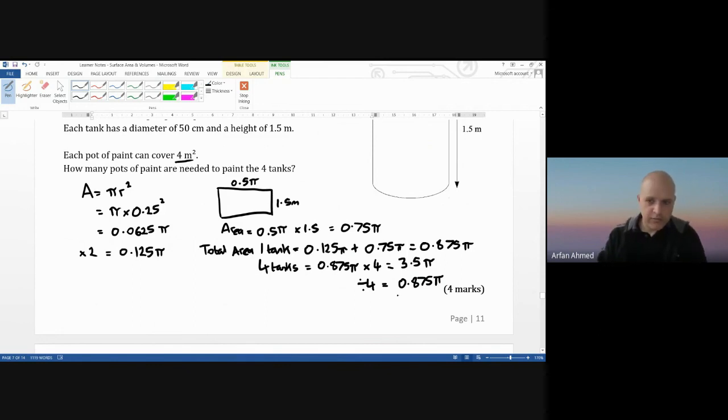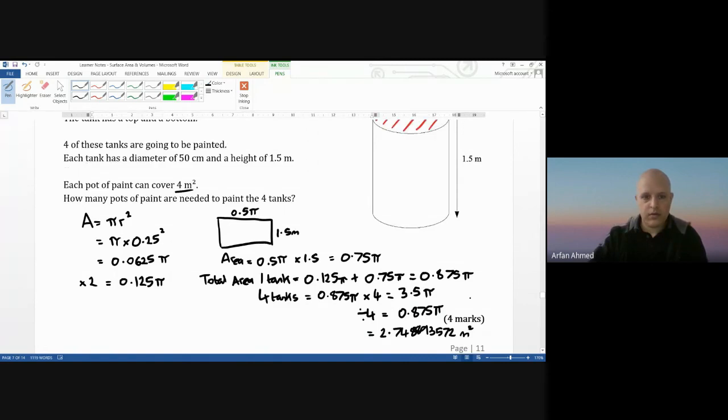Let's do that as a decimal now. So as a decimal, that's going to be 2.748893572.